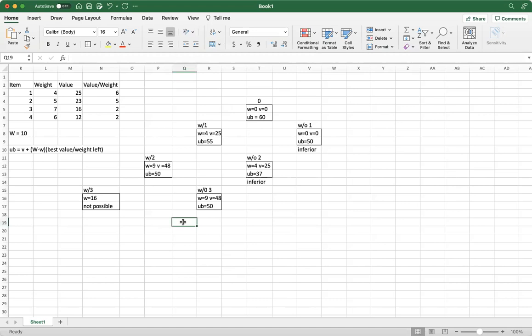Okay, so we have to do, I guess we can do it right here, with 4 and without 4. Okay, the weight with 4 is going to be equal to 9 plus 6, or 15. So this is not possible.